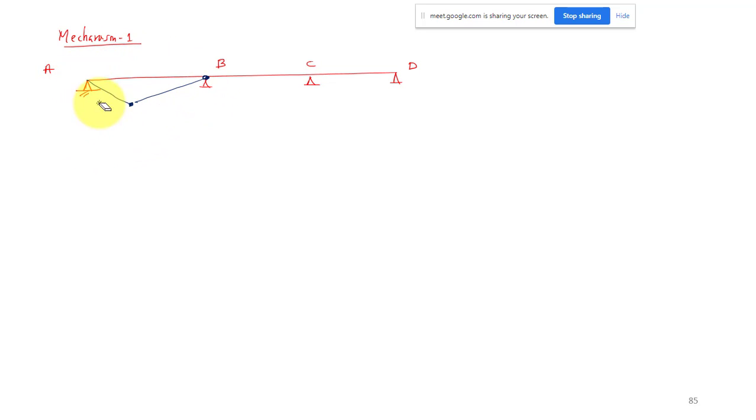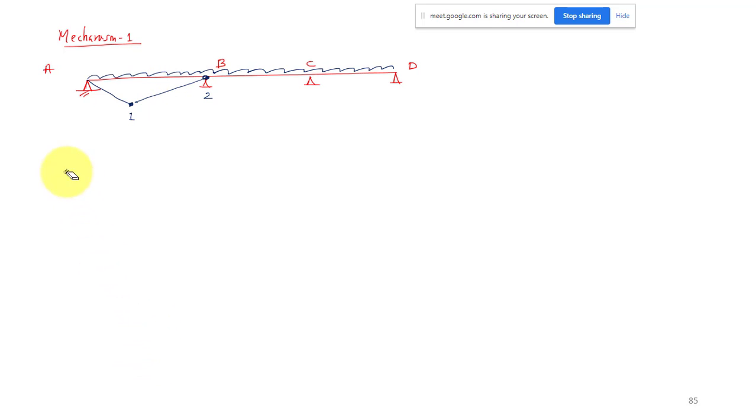There is no failure in BC and CD, that is just standing. This is the mechanism one, and only two plastic hinges are required to have the failure in the span AB.